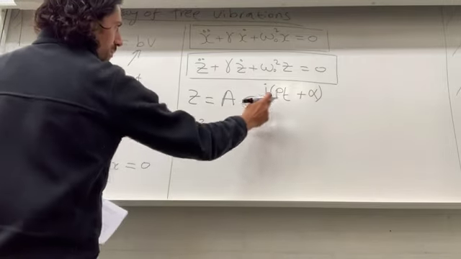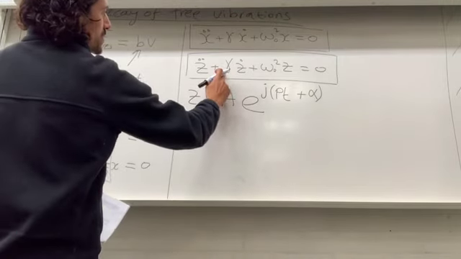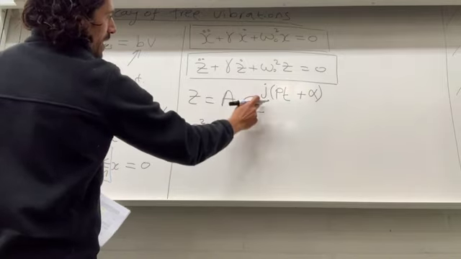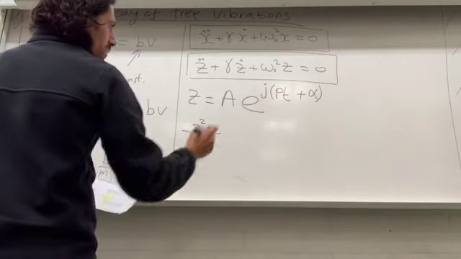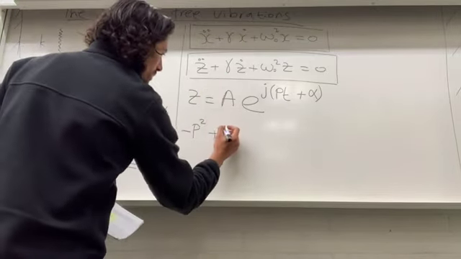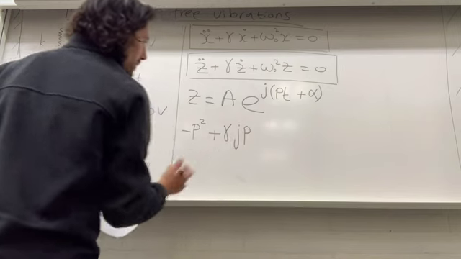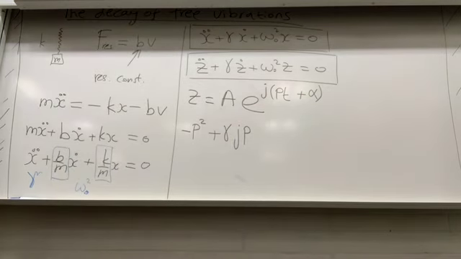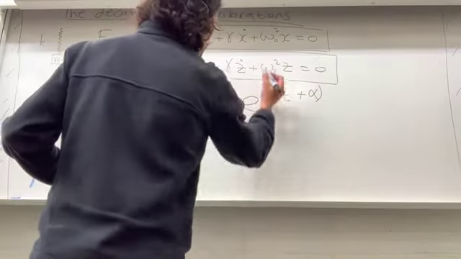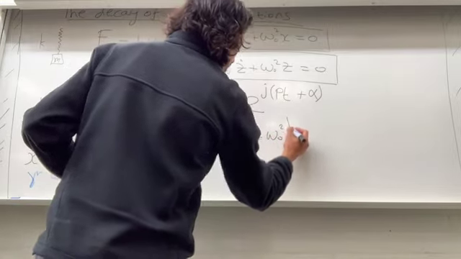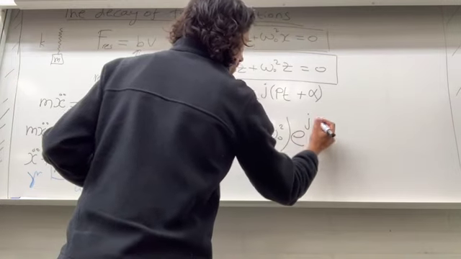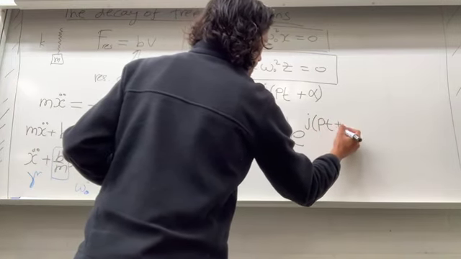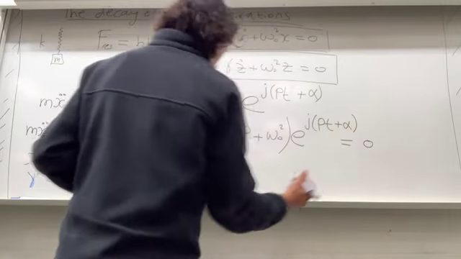The second term we have gamma times jp. The third term would be simply plus omega 0 squared, and this whole thing would be times e to the power j pt plus alpha equals 0.